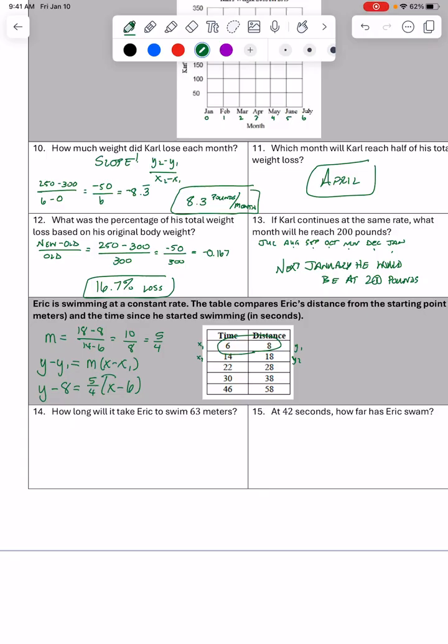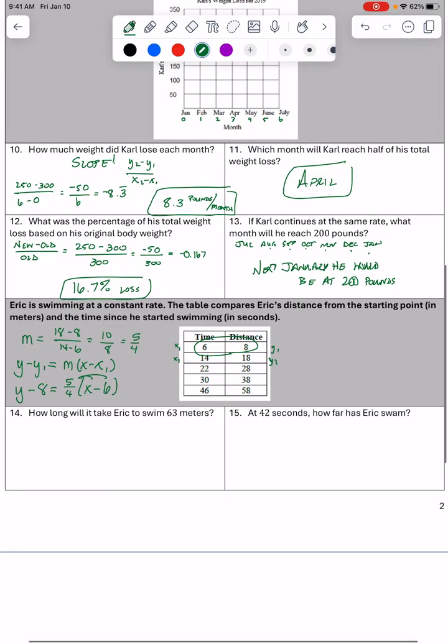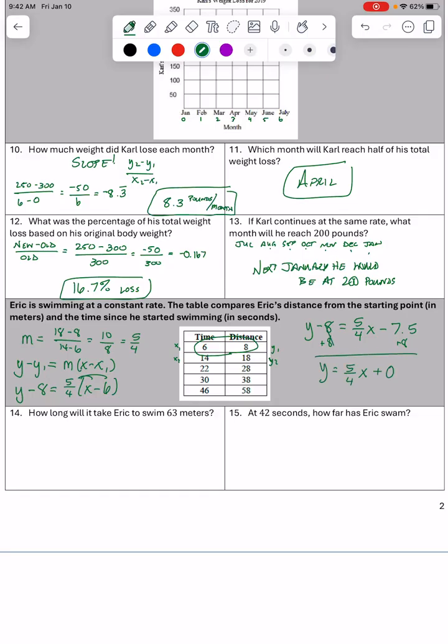And then let's go ahead and simplify this so we can use it a little bit faster later. y minus 8 equals 5 over 4x minus 5 over 4 times negative 6 would be negative 30 over 4, which again, calculator, negative 7.5. And if we add 8, okay, so here's our equation we're gonna work with, where x is our time and y is our distance.